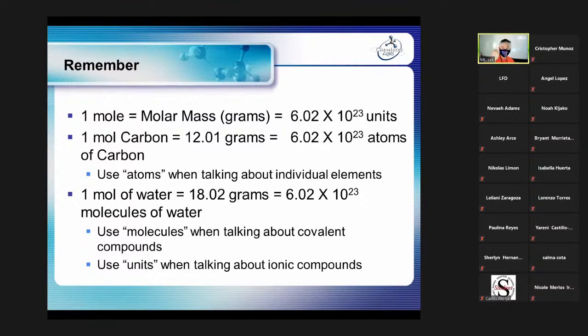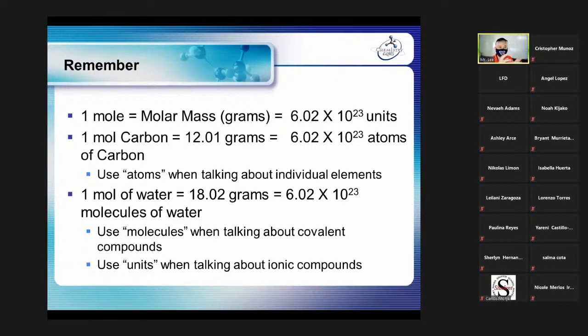Now, when you're using an ionic compound, remember, ionic compounds are formed between a metal and a non-metal. They use electrostatic attraction to hold them together. We use the term units. Now, why do we use units instead of molecules? Because we don't know which atom is really attracted to which other atom, or which cation is attracted to which anion, because they are stacked in these crystalline structures.